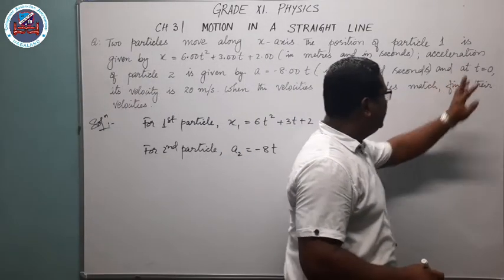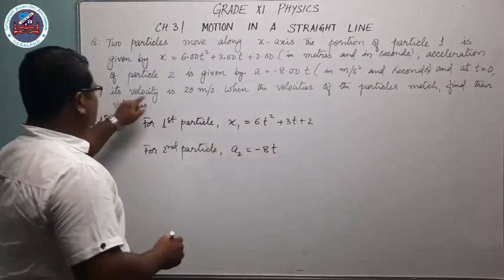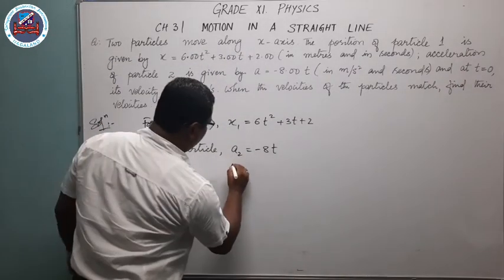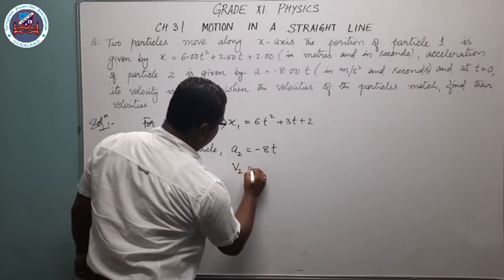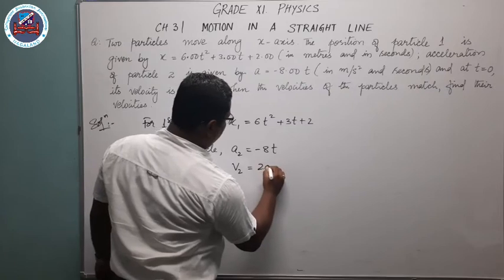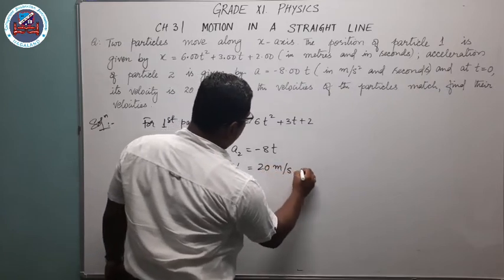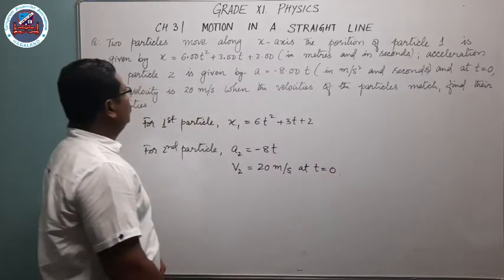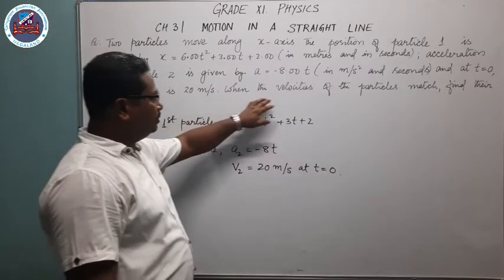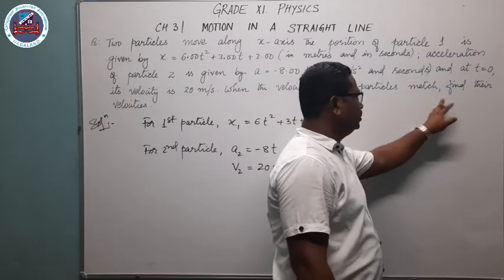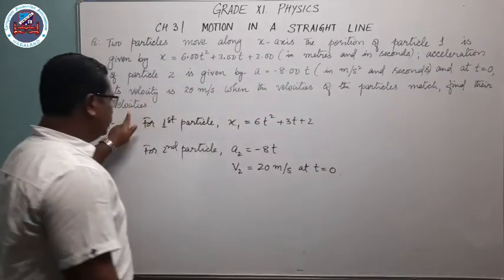And at t equal to 0, its velocity is 20 meters per second. Now, when the velocities of the first and second particles match, find their velocities.